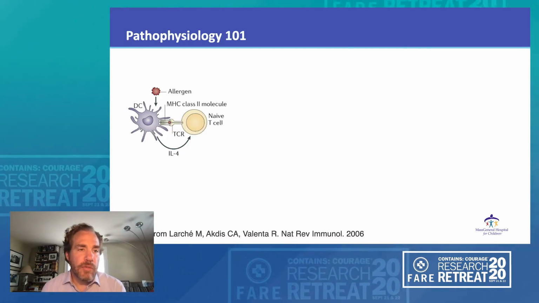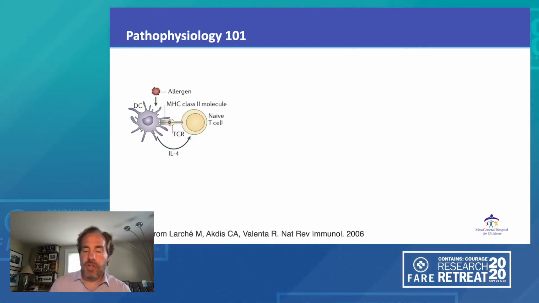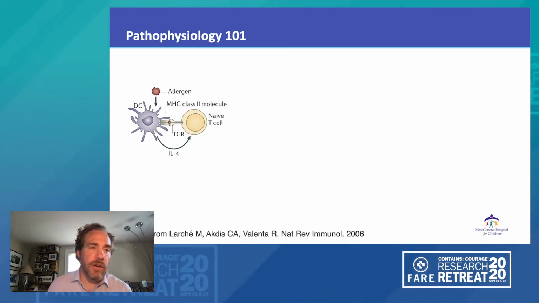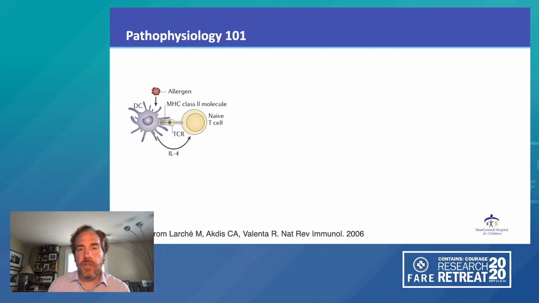So the entry level vision of allergic pathogenesis is here. It starts with the surveillance of our environment by dendritic cells sensing allergens, but not just the presence of the allergen, but also the context, and that's very important.